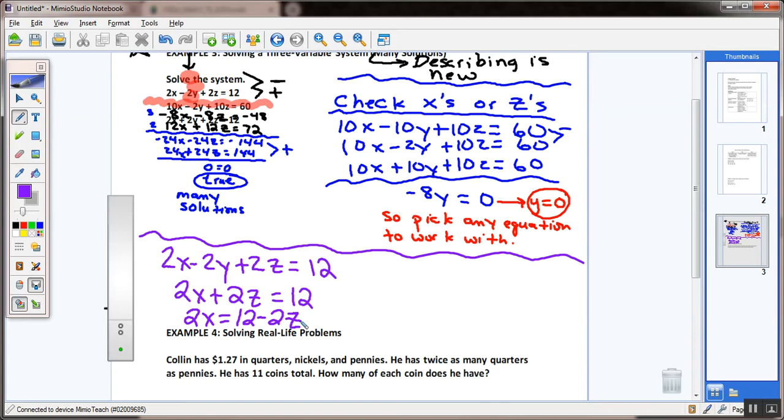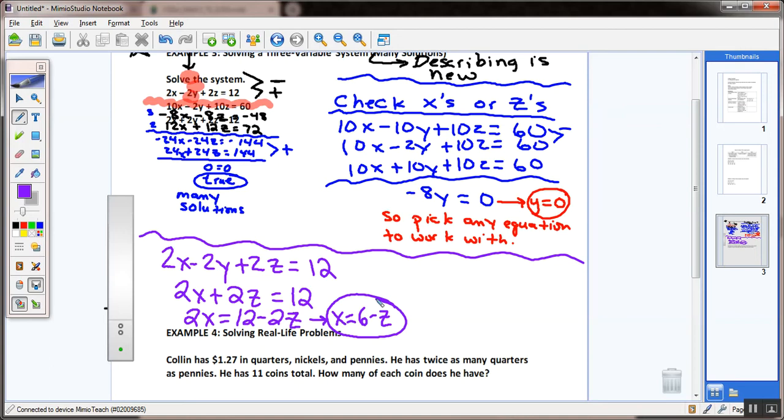Now what are you going to do to get x alone? Divide everything by 2. So x will equal what minus what? 6 minus z. Exactly. x will equal 6 minus z. Okay? We have x alone. All right?